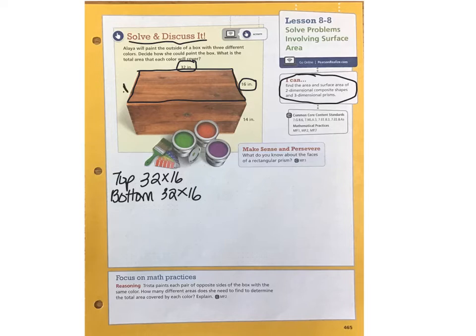So the left side would be right here, and the right side would be right over here. And each of them has a dimension that is the same as one edge of the top, and that is the dimension 16. And the other dimension of the side is the height of that box, which is the 14.